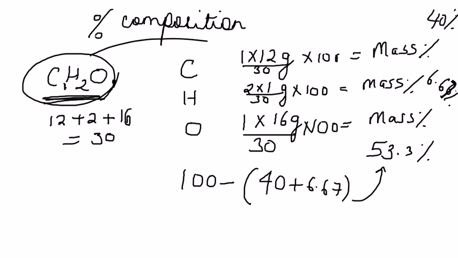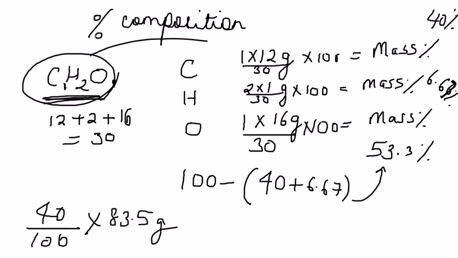So for instance, if I ask you how many grams of carbon are there in 83.5 grams of CH2O or formaldehyde, you would say that since your mass percent was 40%, so 40% of the 83.5 grams, basically you're saying if you had 100 grams, 40 grams out of that is going to be carbon.